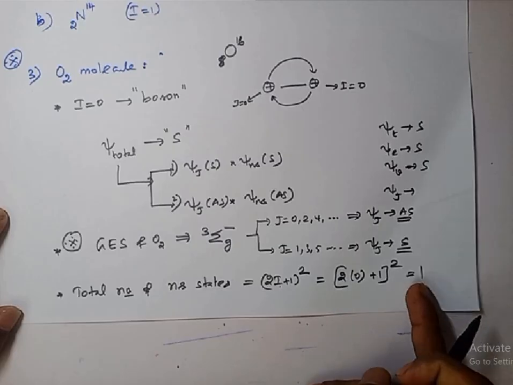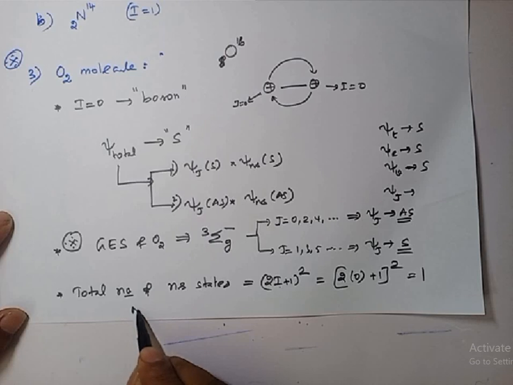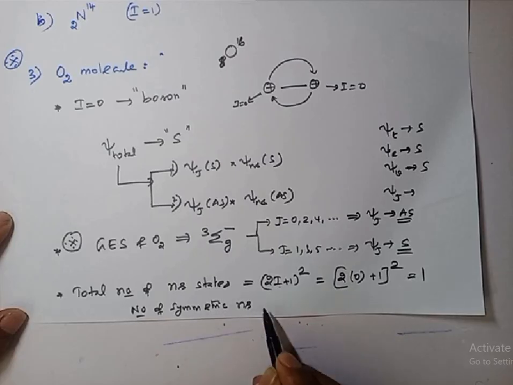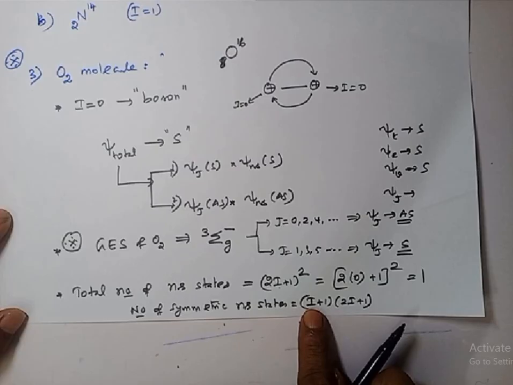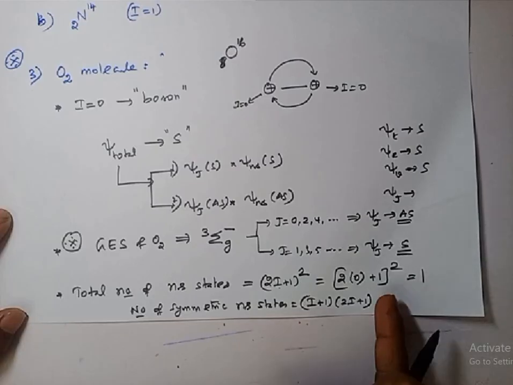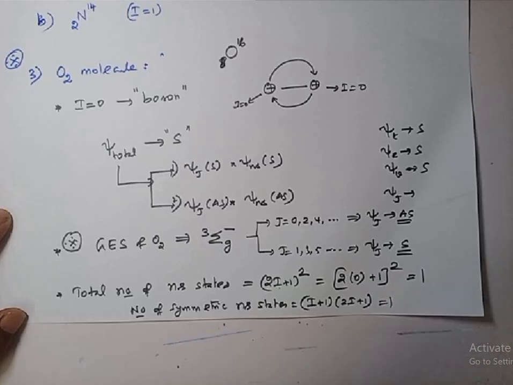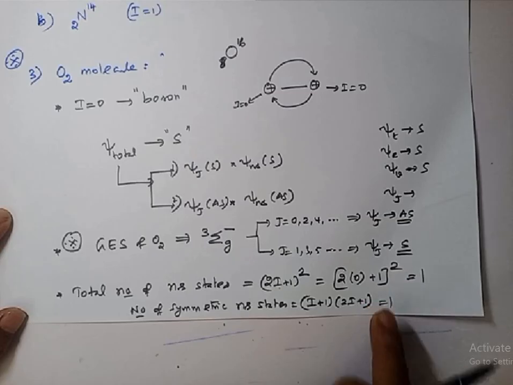Now we need to find out whether this spin state is symmetric or antisymmetric. So use the formula: the number of symmetric nuclear spin states is (I plus 1)(2I plus 1). Use this formula as a shortcut. For I equal to 0, it equals 1. What does it indicate? Only one symmetric spin state. We have one state in total, and that state is a symmetric spin state.